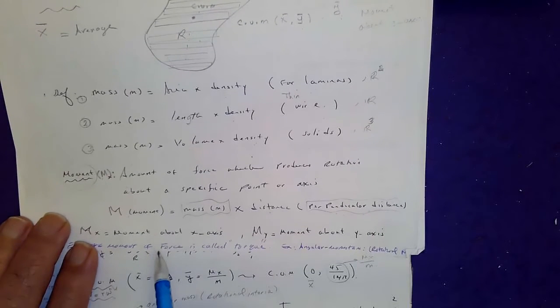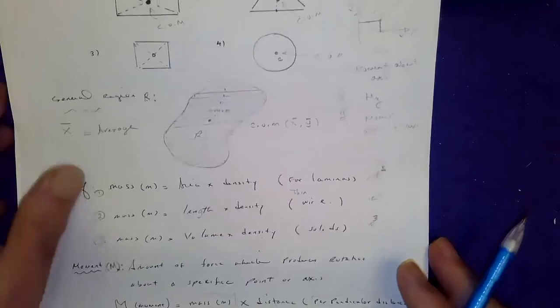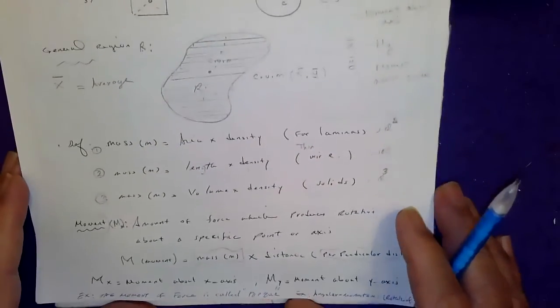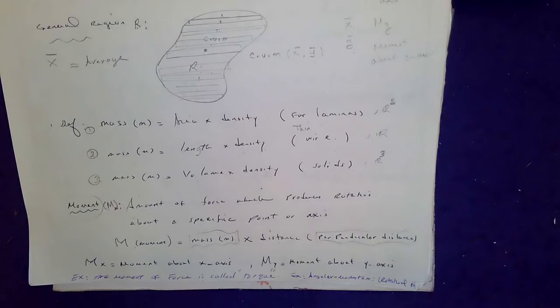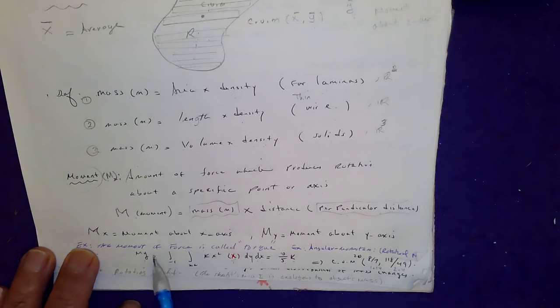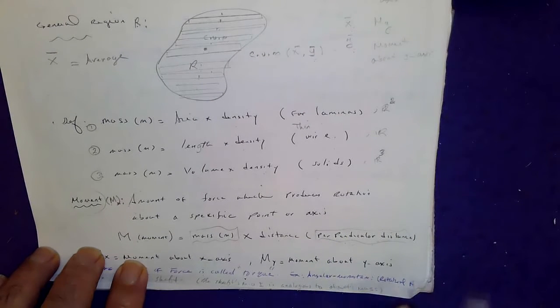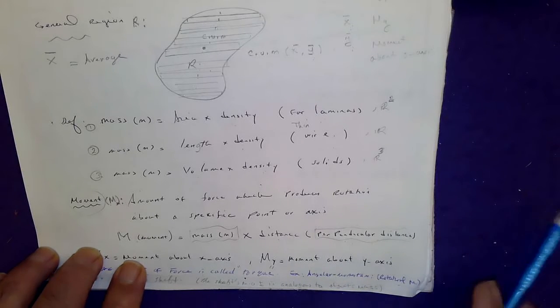And as you remember, the definition of center of mass for laminas is what? x bar is moment about the y-axis divided by mass. And y bar is what? Moment about the x-axis divided by mass. Examples of moment could be the moment of force, which you know from previous chapters. It's called torque, correct? And we could also have angular momentum, and that would be like rotational moment. That's like when the motion is what? Circular motion.